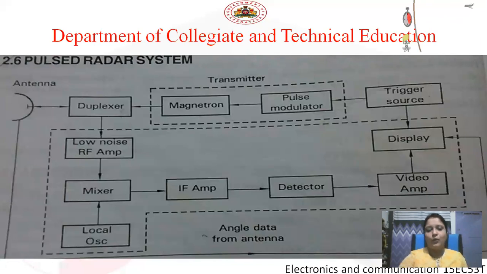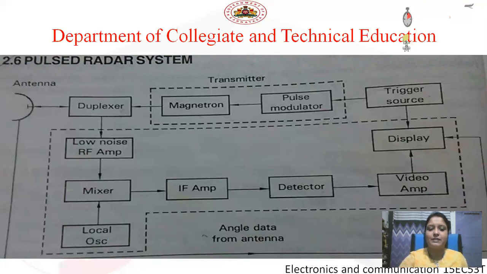Therefore, the echo signal is applied to the mixer, and the local oscillator generates the signal such that the mixer gives the IF, intermediate frequency, as the output. The signal needed to generate the IF is provided by the local oscillator block. The RF amplifier's output and the local oscillator output are combined in the mixer.